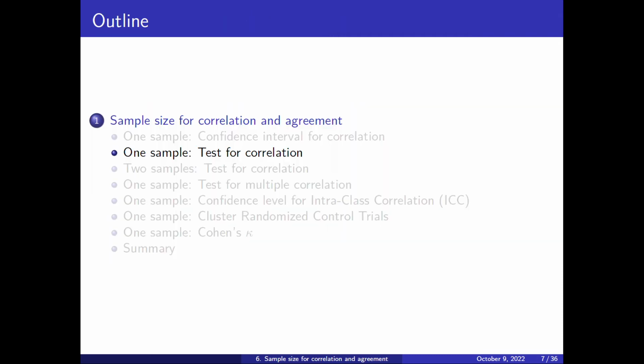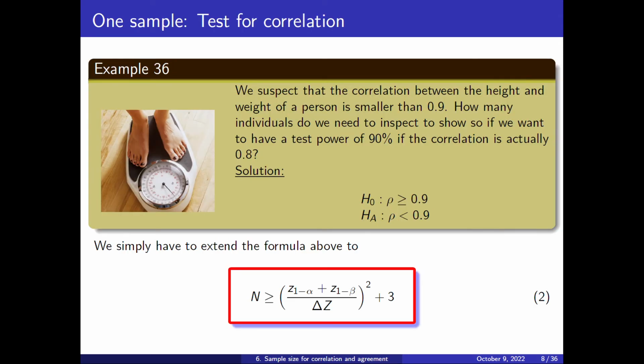What about the test for a correlation when we have only one sample? We suspect that the correlation between the height and the weight of a person is smaller than 0.9. How many individuals do we need to inspect to show that the correlation is smaller than 0.9, with a statistical power of 90% if the correlation is 0.8 or below?